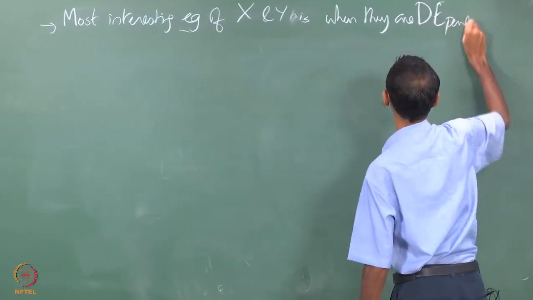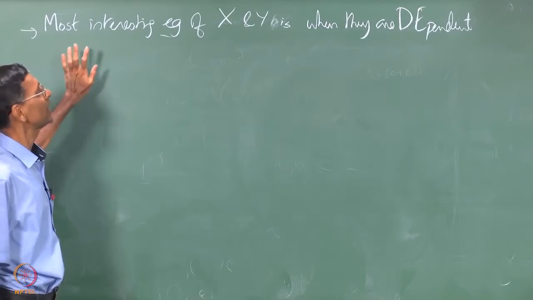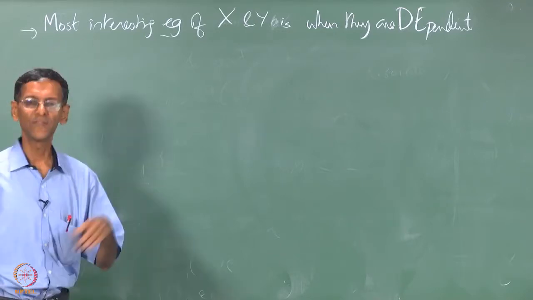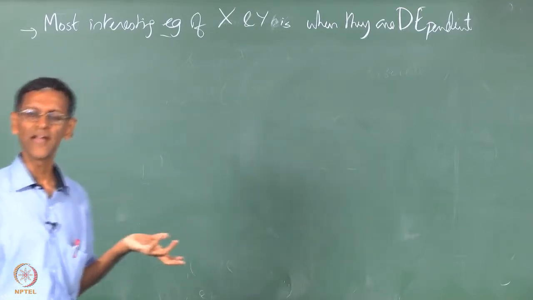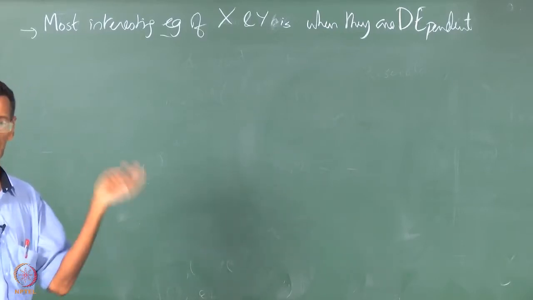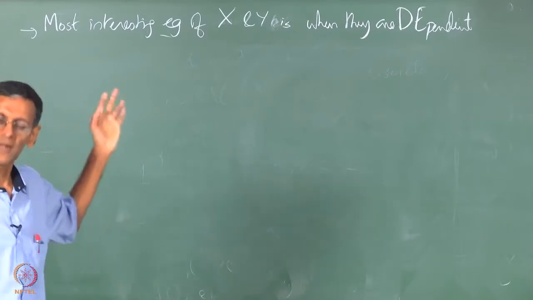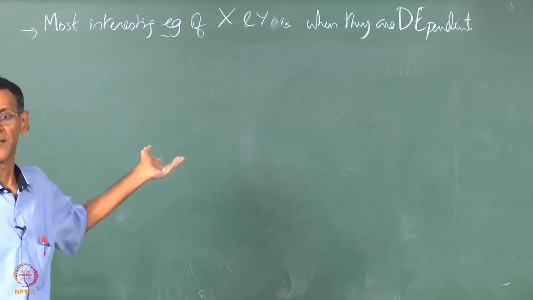This is exactly as in discrete. So how can you straightaway tell if the necessary condition for omega xy is not satisfied? What is the necessary condition of omega xy? It has to be regular with respect to the x and y axis. If that is not satisfied, then automatically you know that x and y are dependent.